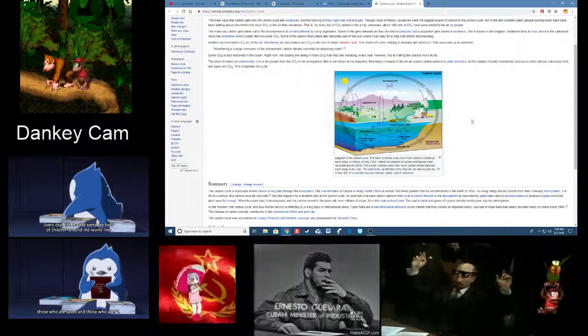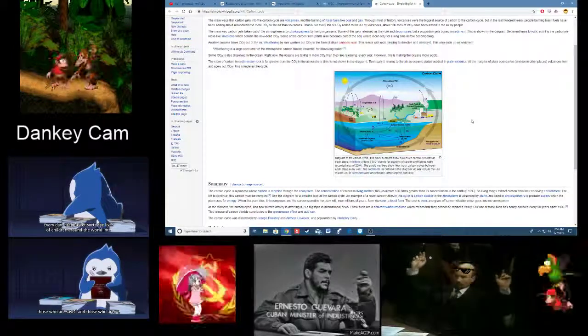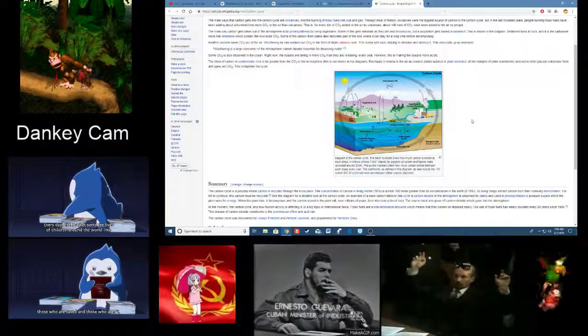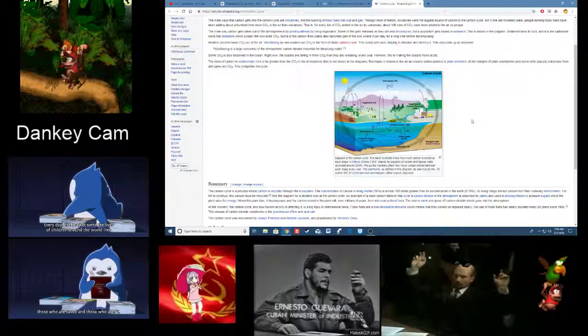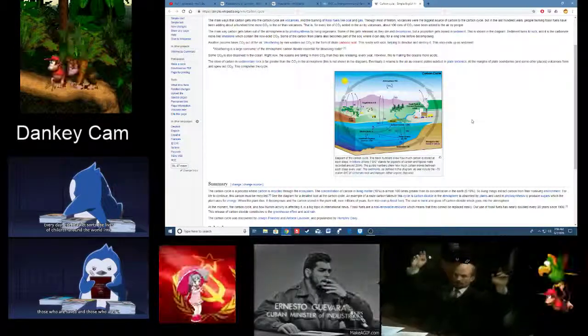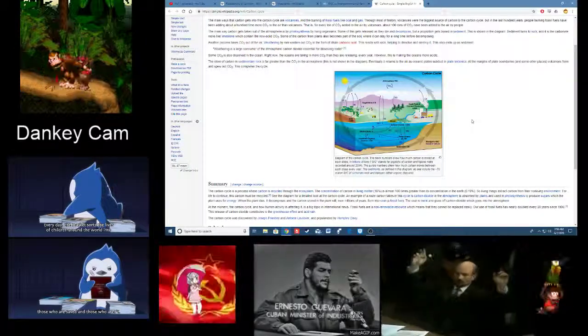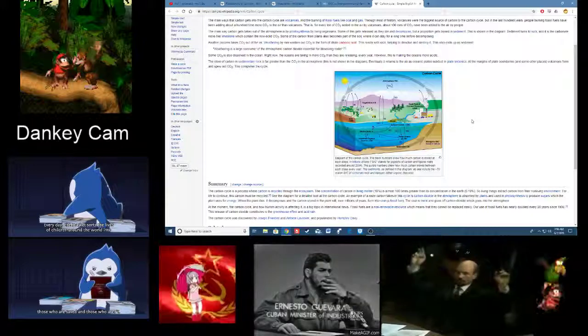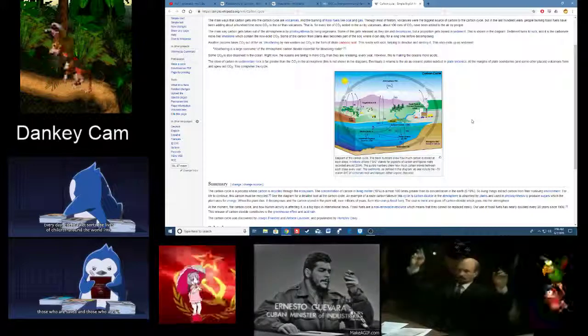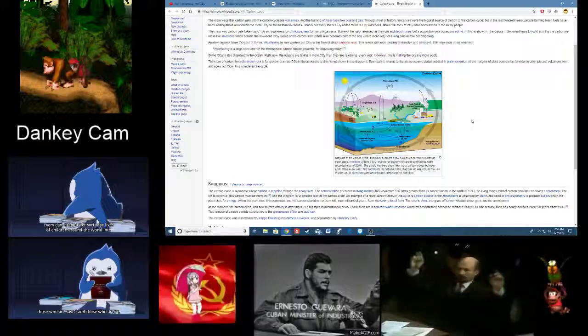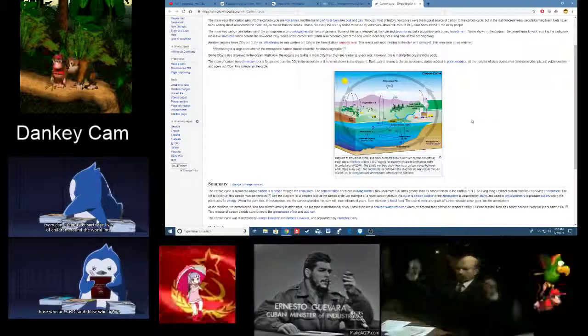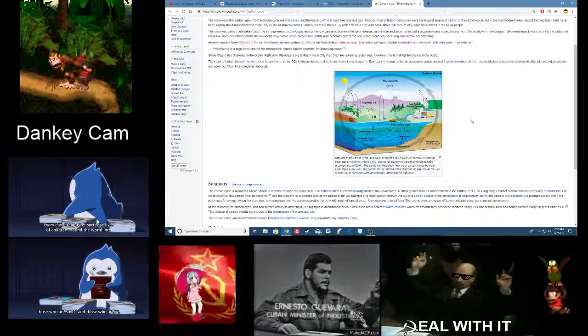All of this seems very abstract, but these are all processes that are predicted by climatologists, and the models are showing that this kind of thing is not only likely to happen, but this is probably what is going to happen.